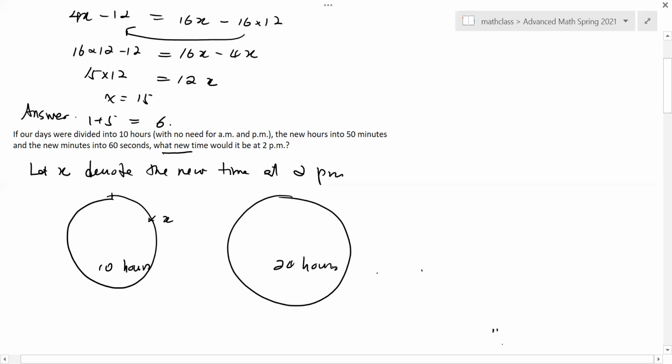1 day equals 24 hours in our current system. But the same 1 day, if you divide it into 10 hours, okay?